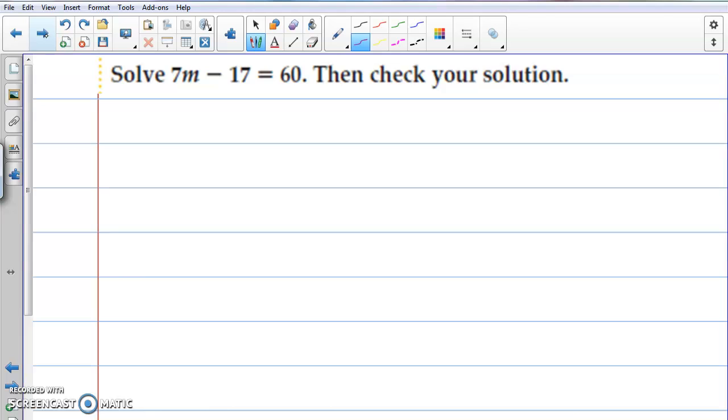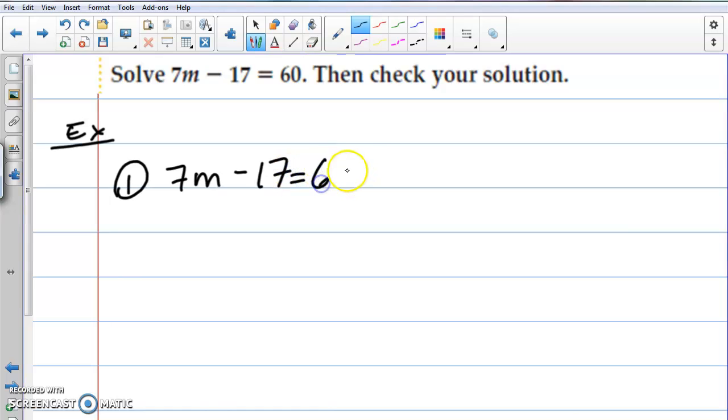Alright, so for our first example, we'll dive right in. We have 7m minus 17 equals 60, and we're asked to solve this equation, then check our solution. So step 1, we're going to look at what's being added or subtracted to our variable m here, and we have our minus 17.